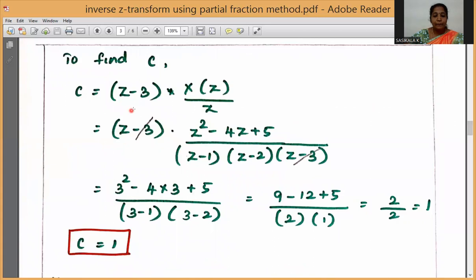To find C, the denominator of C is z − 3. So we multiply the (z − 3) term with X(z)/z. The (z − 3) term cancels, and for the remaining terms, substitute z = 3.